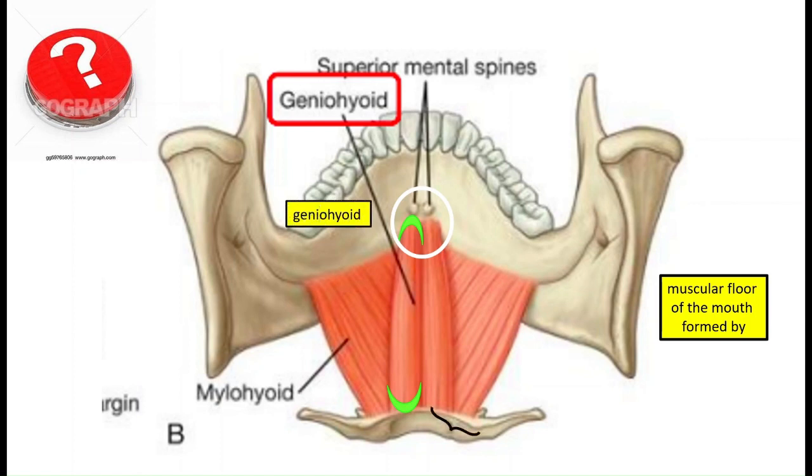And the next muscle, the broad one that we have just seen in the previous slide, is attached between the hyoid bone and the mylohyoid line on the inside of the body of the mandible. That's the mylohyoid muscle.